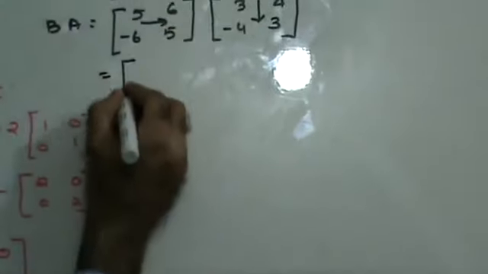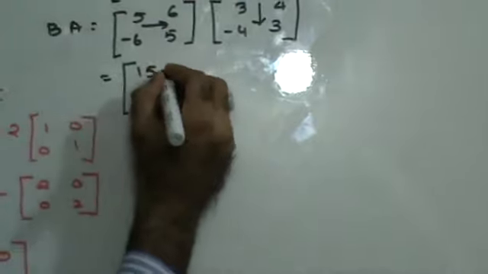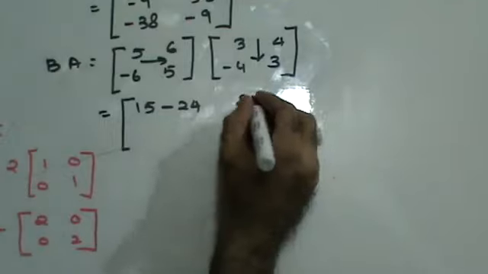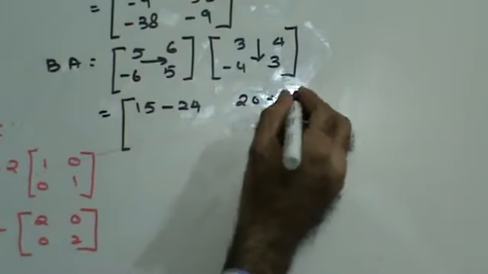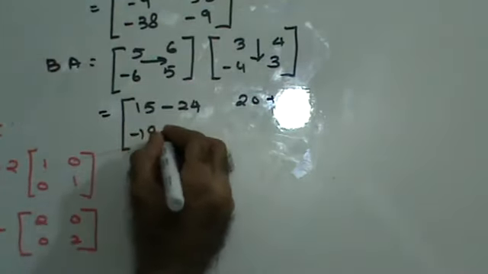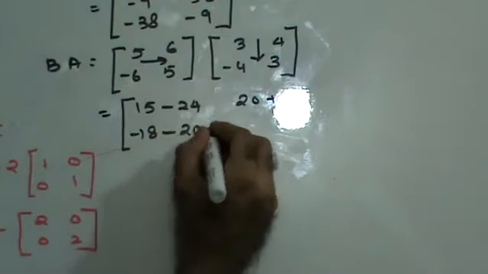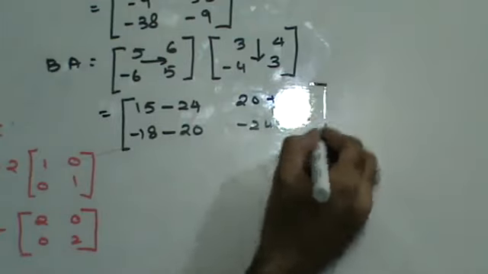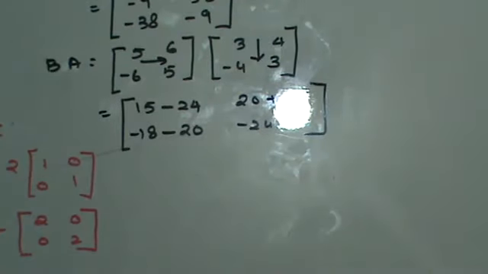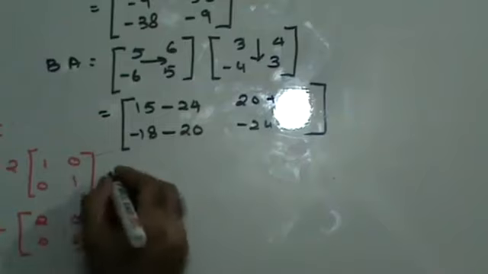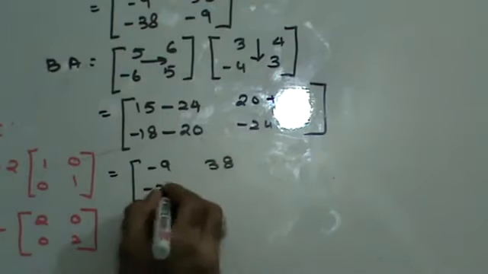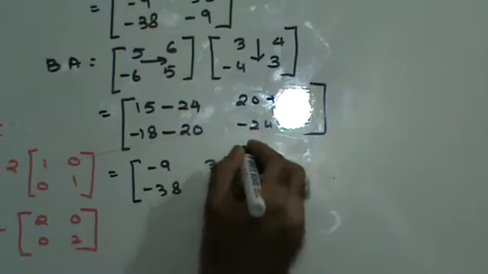So in that case, this is going to be 5 3s are 15, minus 6 4s are 24, 5 4s are 20, plus 6 3s are 18, minus 18 minus 20, minus 24 plus 15. I multiplied rows into columns, right? In which case I will get this as minus 9, 38, minus 38, minus 9.